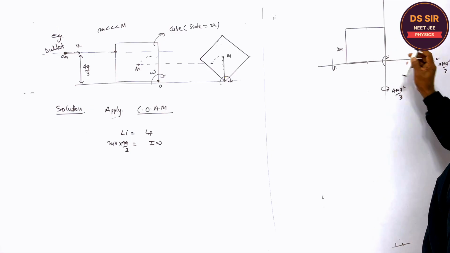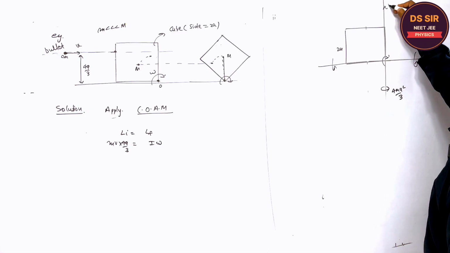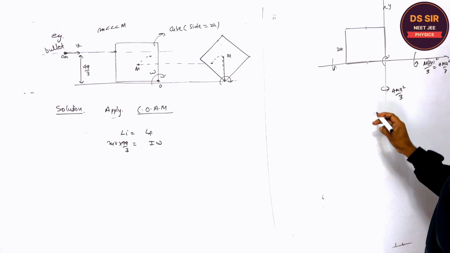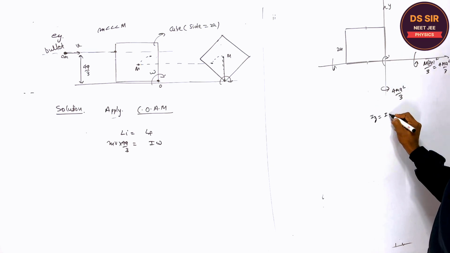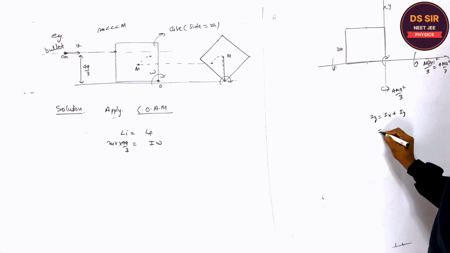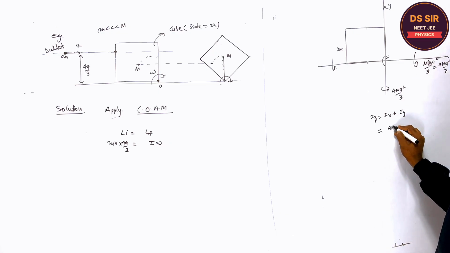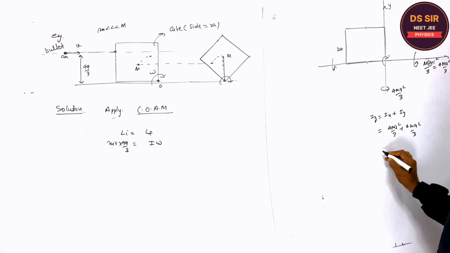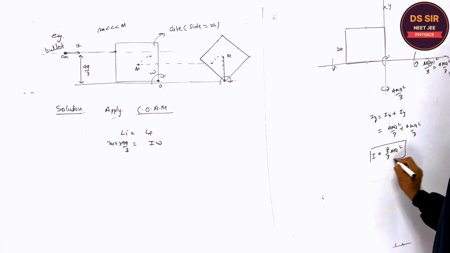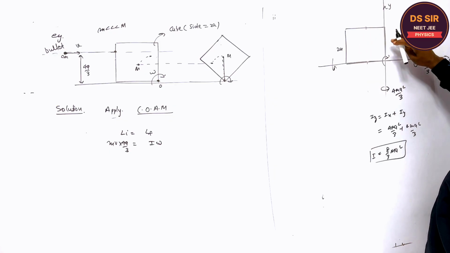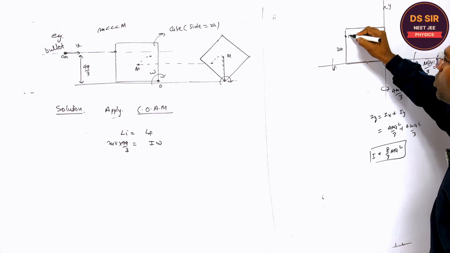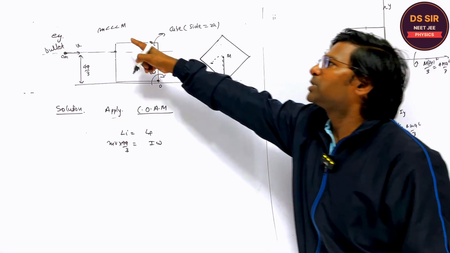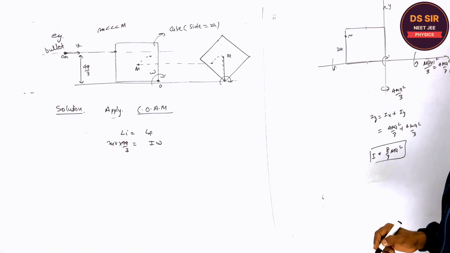Right. So what is the Iz? If you assume this is the x-axis, this is the y-axis, and this is Iz. So Iz is equal to Ix plus Iy. What is the Ix? This is 4Ma square by 3 plus 4Ma square by 3, so this is equal to 8 upon 3 Ma square. This is the moment of inertia about this axis. I am ignoring this mass m because the small m of the bullet is very, very small.